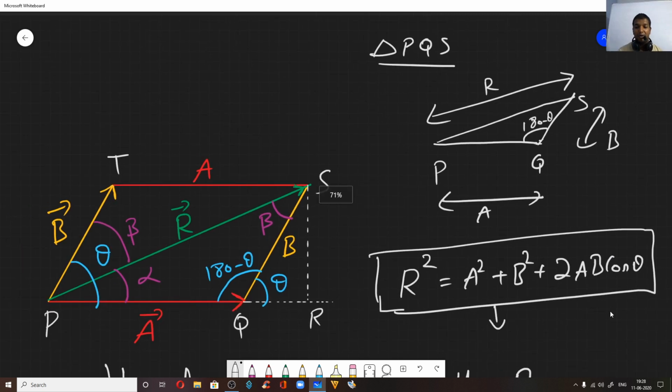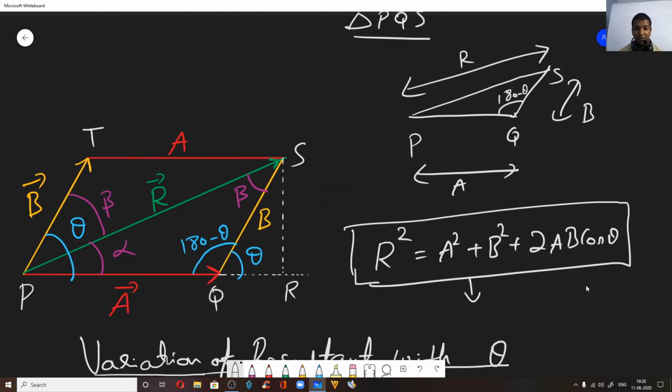Now this formula, R square is equal to A square plus B square plus 2AB cos theta, is what we call the cosine rule in mathematics. In physics it will help us to find the resultant of two vectors, remember that. All right, fine.